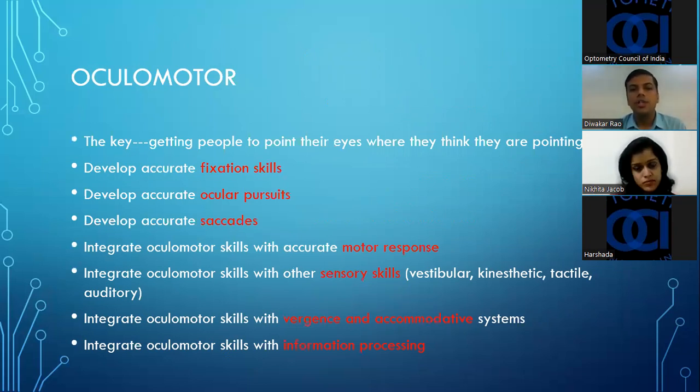Then the vergence and accommodation systems have to be integrated, and also the visual information processing has to be integrated with the oculomotor skills. This is with oculomotor dysfunction. If you find any patients with oculomotor dysfunction, this is how you start going to the further steps.